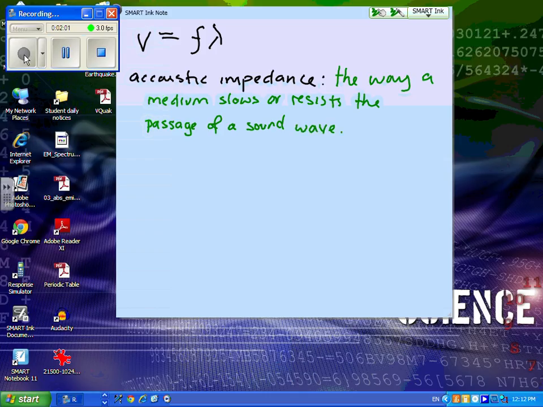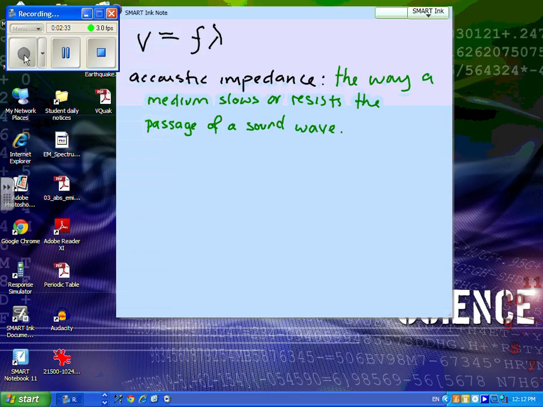Yesterday we said acoustic impedance in ultrasound technology is really important because you need some of the sound wave to pass through a medium and you need some to be reflected. If there's zero impedance, it would just completely pass through. If it was 100% impedance, it would completely reflect off, but you need some reflection and some passage.